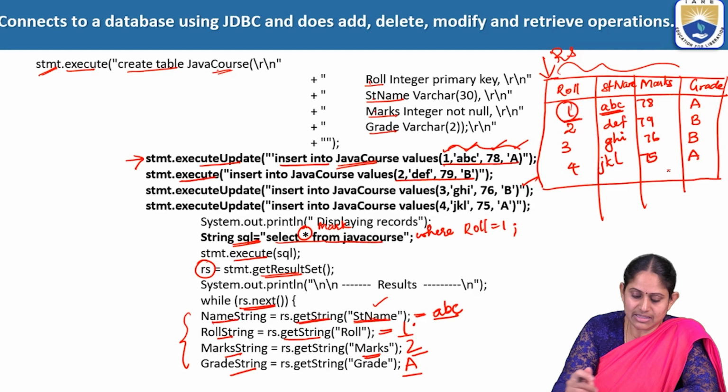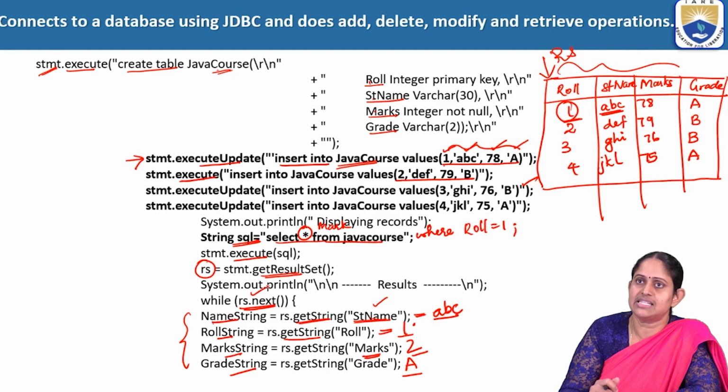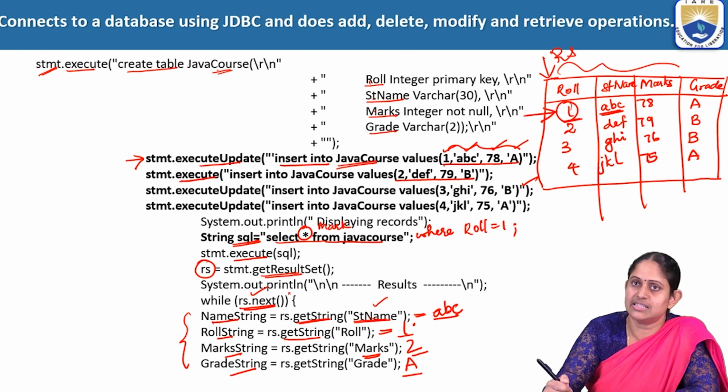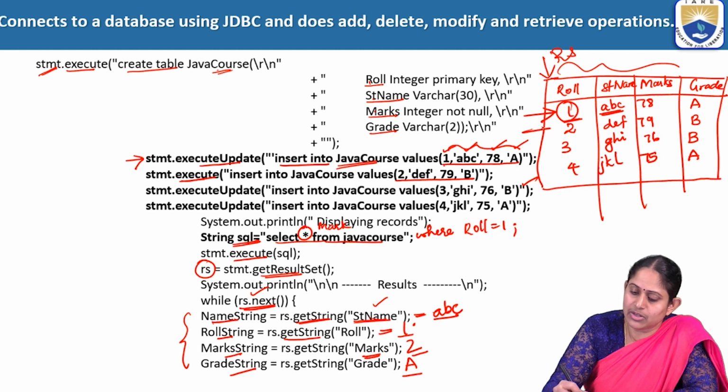Now again the while loop will check whether the result set contains any value. Now we had worked only with this line. Since there are values in this, it will go to the second line.